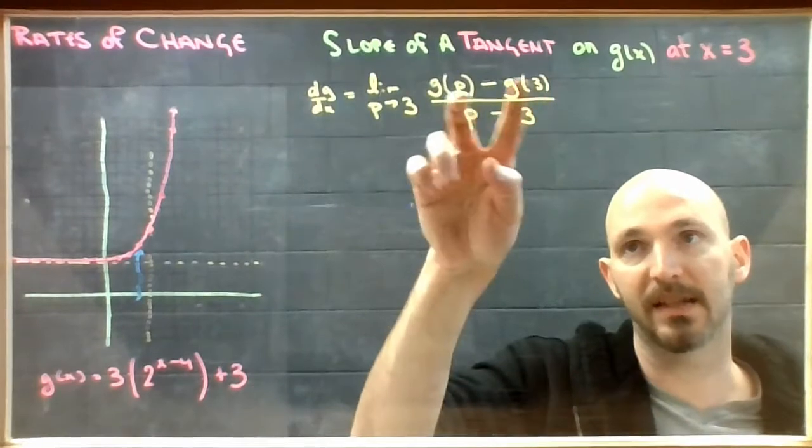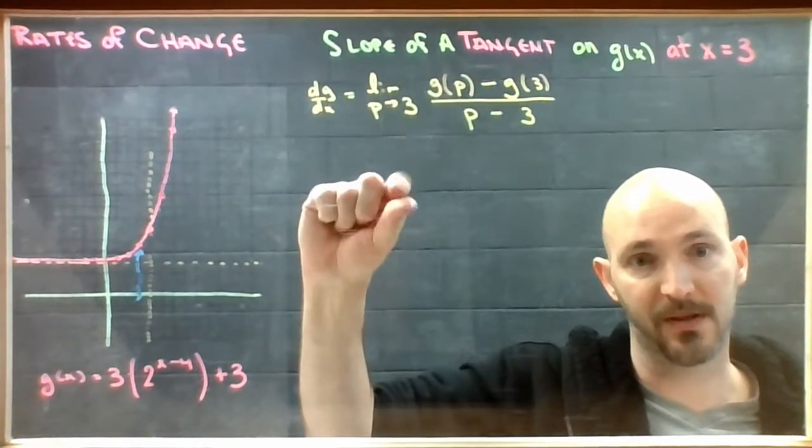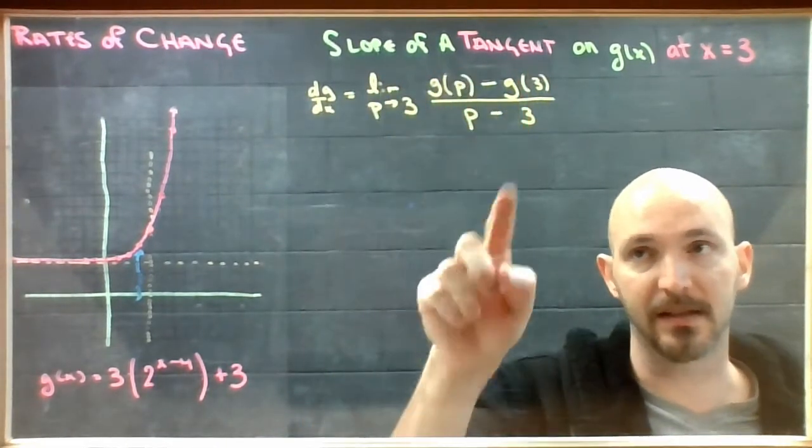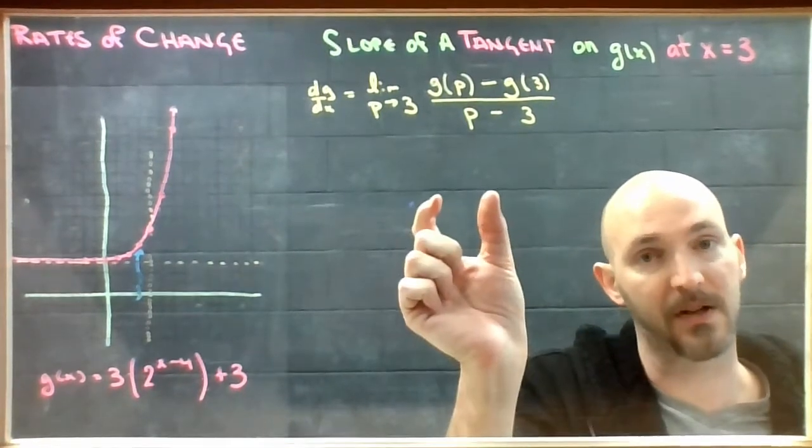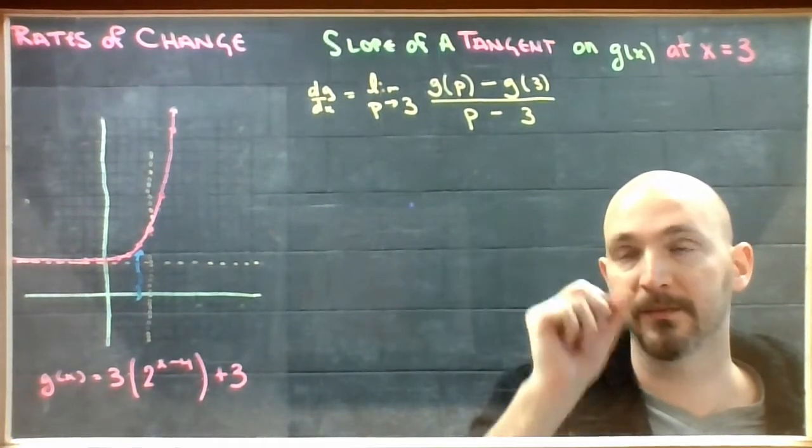And so this is just rise, right? How much does the function go up and down between these two places? And this is just run. How far is it between the two spots?